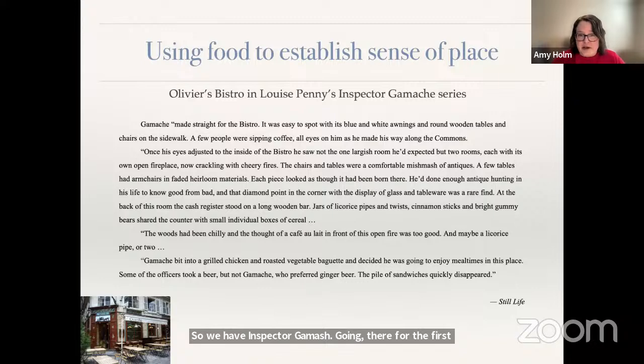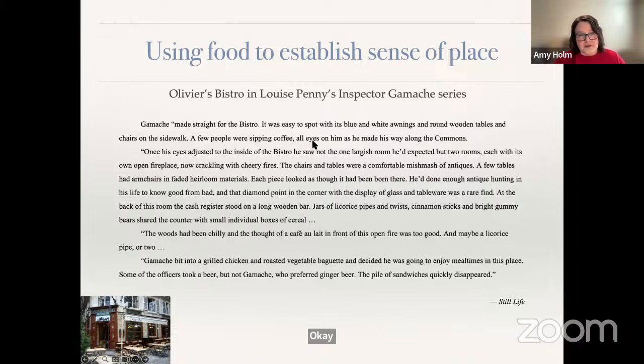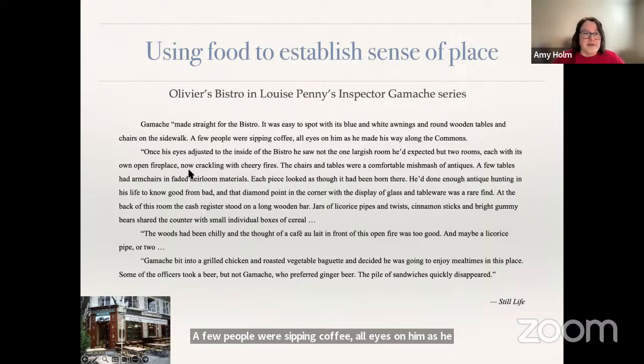It was easy to spot with its blue and white awnings and round wooden tables and chairs on the sidewalk. A few people were sipping coffee, all eyes on him as he made his way along the commons. Once his eyes adjusted to the inside of the bistro, he saw not the one largest room he'd expected, but two rooms, each with its own open fireplace, now crackling with cheery fires.